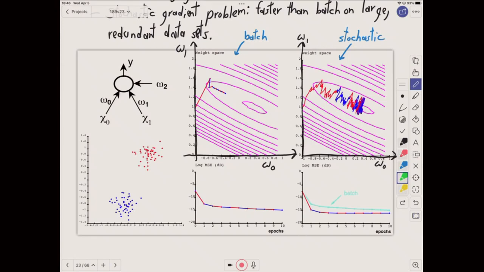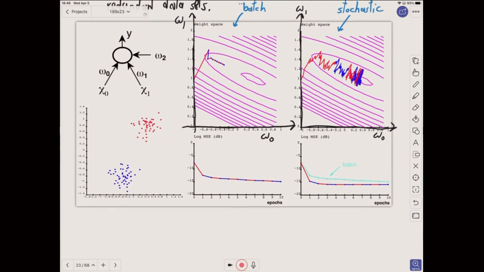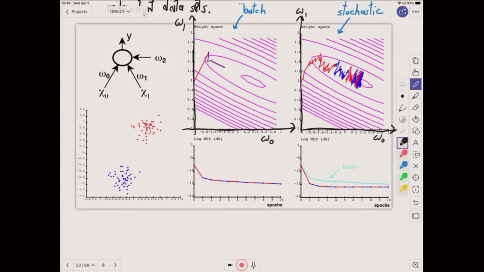On the right, we see the path that stochastic gradient descent takes. Now remember, stochastic gradient descent is only descending on one training point at a time. And so iteration kind of has a different meaning here. In order to draw the obvious parallel between batch and stochastic gradient descent, neural net researchers will talk about an epoch of training.